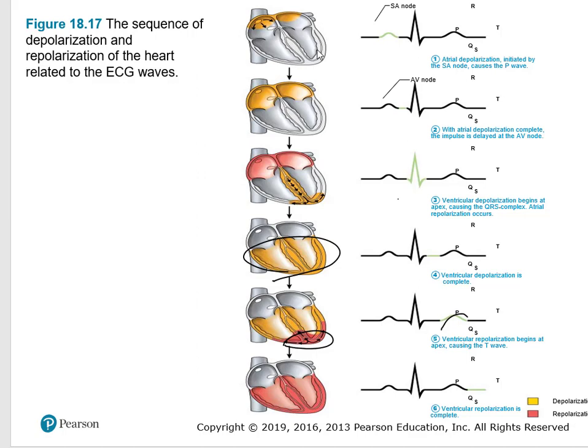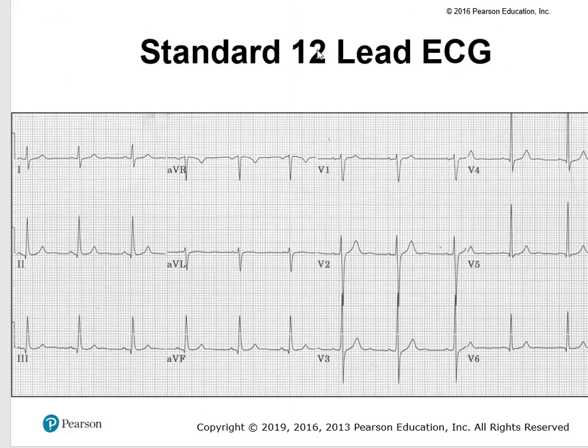So you need to know what is happening in the P wave. P wave is atrial depolarization. QRS complex is ventricular depolarization. T wave is ventricular repolarization. Atrial repolarization is not visible in your ECG because it's being masked by your QRS complex, so you don't see that in your ECG.